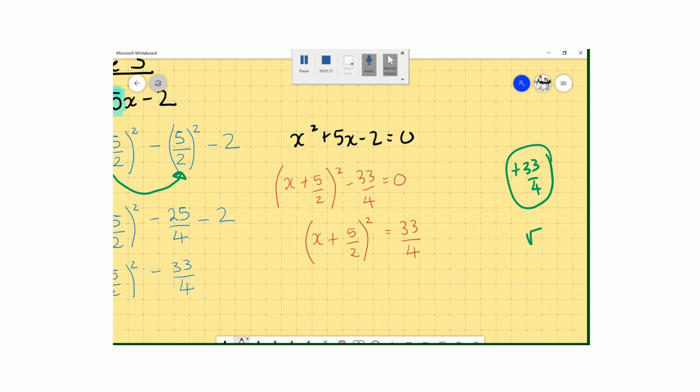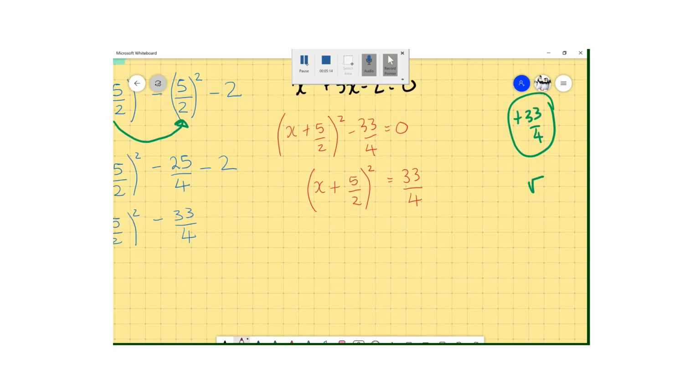So when I take the square root of both sides, I'm going to have x plus 5 over 2 here, and I'm going to have plus the square root of 33 over 4, and I'm going to have minus the square root of 33 over 4. Now, if you do it on your calculator it will give you a slightly different answer, and I will show you why in just a second.